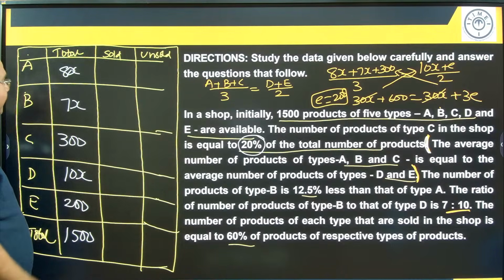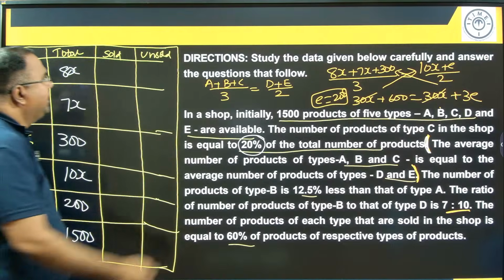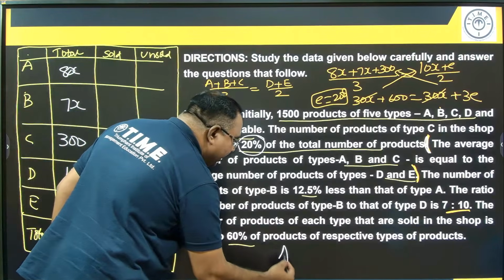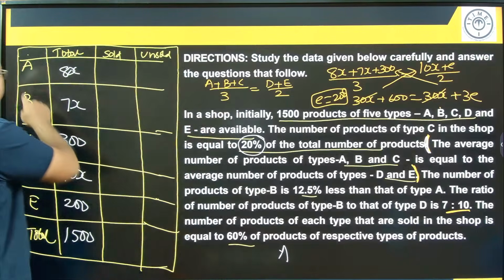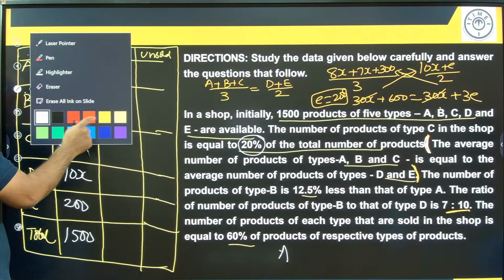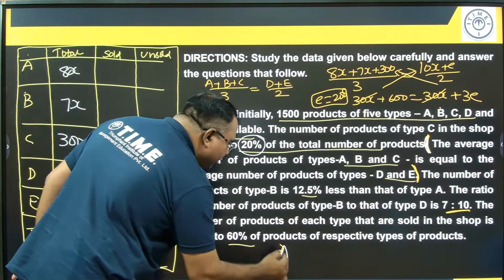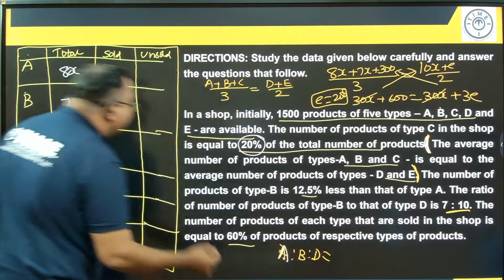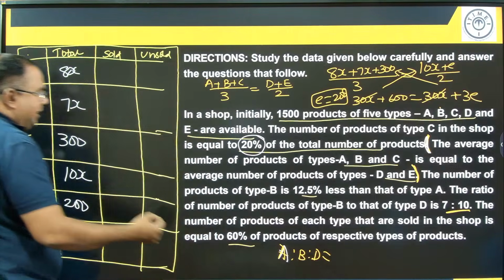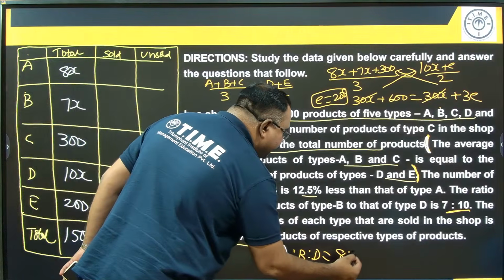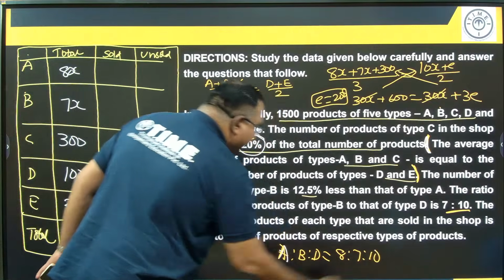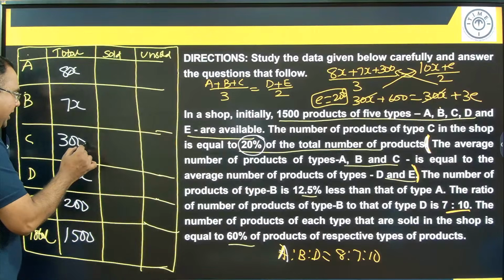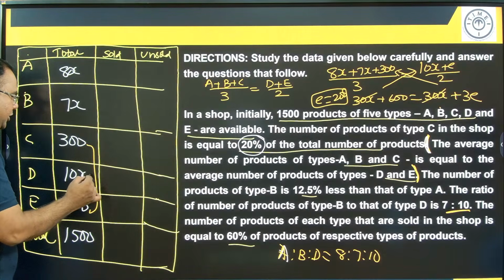Right. Now see here. What is A is to B is to D? I'll write here. A is to B is to D. How much is A? 8x, 7x, 10x. 8 is to 7 is to 10. How much is A plus B plus D? If I add these two, C and E, it is 500.